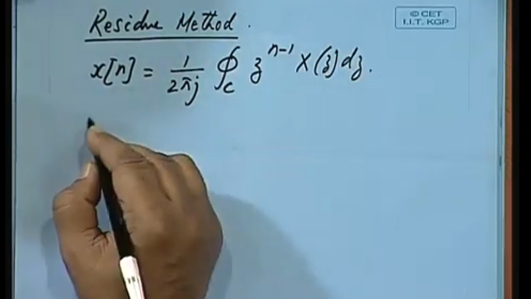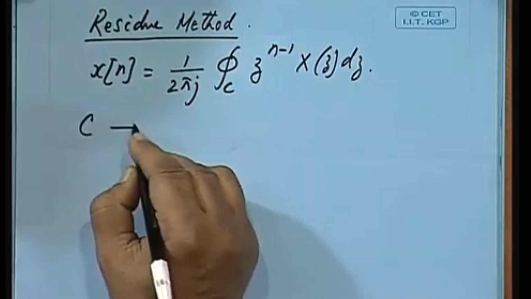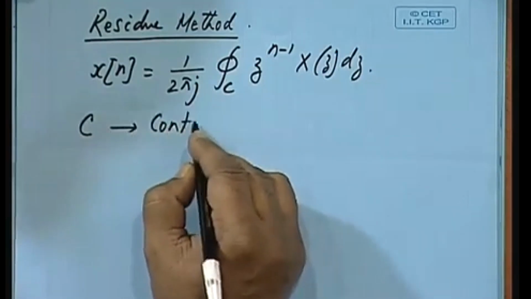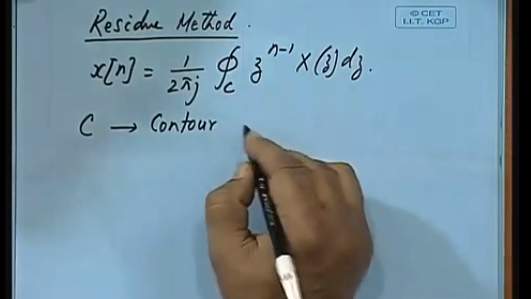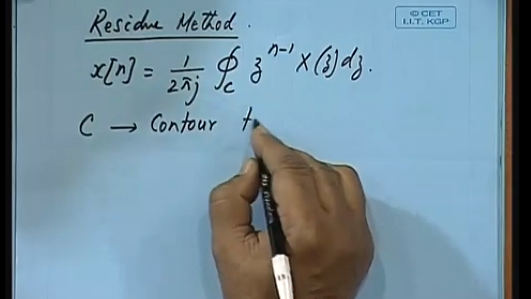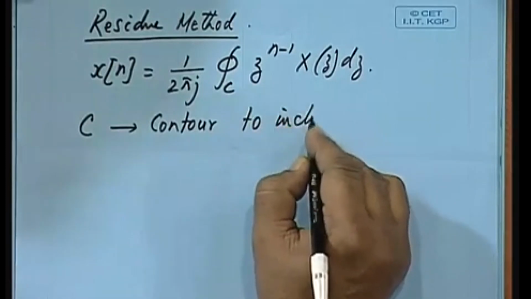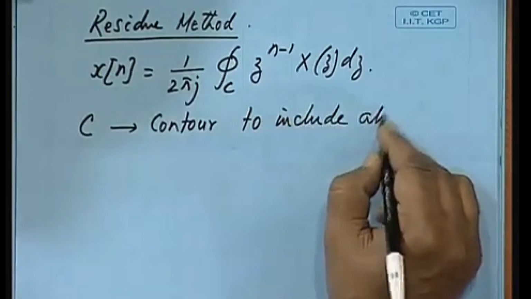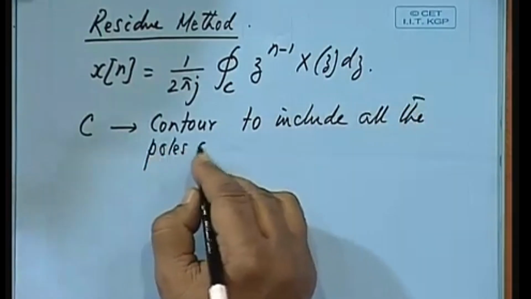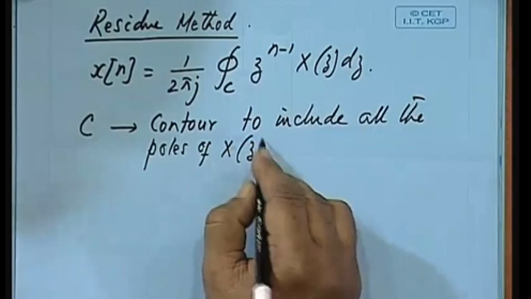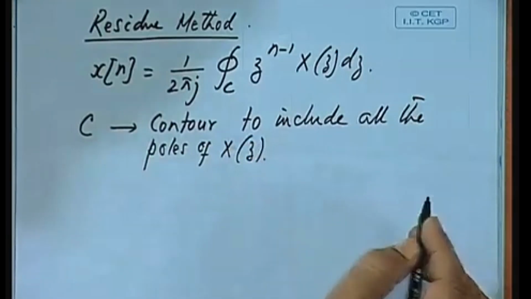The contour C is taken to include all the poles of X(z). You choose any contour which can include all the poles.